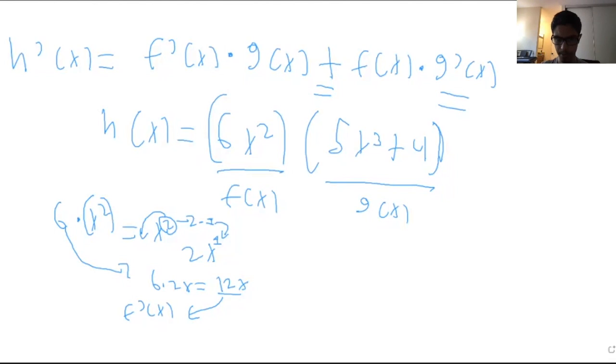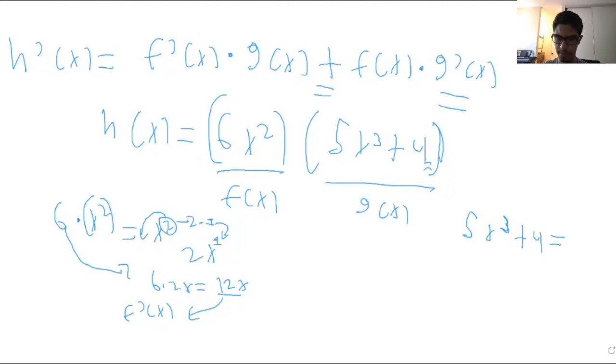We already know that the derivative of 4 is going to be 0. So let me write this out. 5x cubed plus 4. The derivative of that, we know 4 is just a constant, so that's equal to 0. So all we have to focus on is just the 5x cubed.